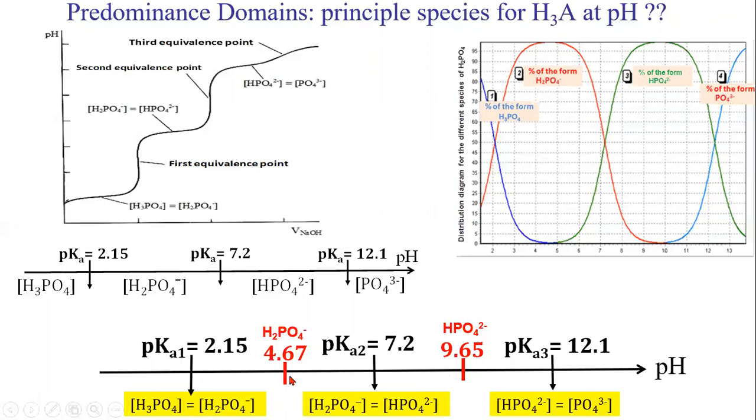Beyond this, in this area, this is the point where I only have HPO4 2 minus. So in between these two, I have both of these species. Okay. And when we do examples, it just becomes easier. So that's all you really need in detail.